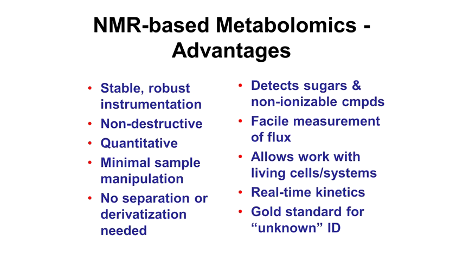So NMR, we highlighted other technologies in the first lecture, but NMR has a lot of advantages. Some of you who saw my earlier lectures probably saw this slide as well, so I'll apologize for any repetition. But for those of you who haven't, I think NMR is a very useful technology. NMR instruments are incredibly stable.